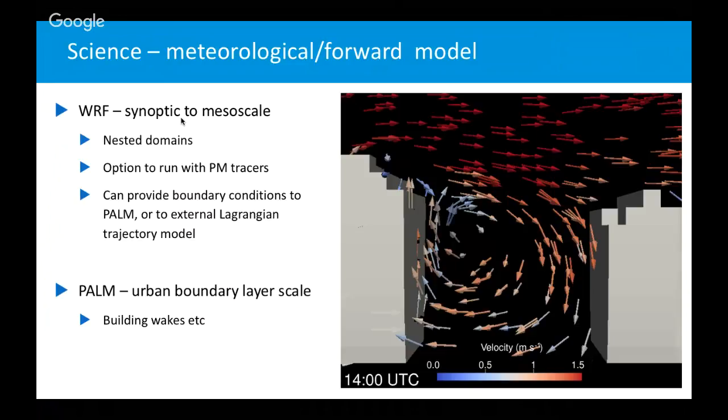And this is just an example from a new PALM paper on the new urban boundary layer scheme in PALM, showing the velocity field around some buildings. So you can get down to 2 metre resolution and resolve a building wake here and see the airflow coming down and circulating.